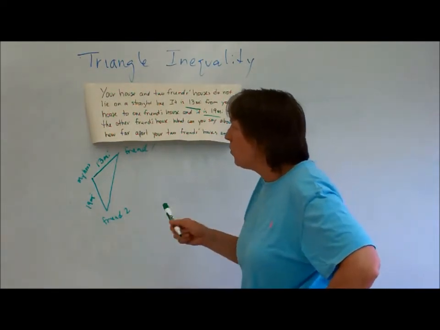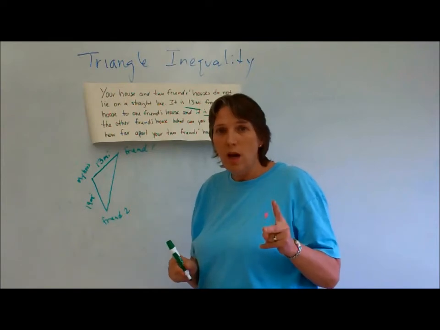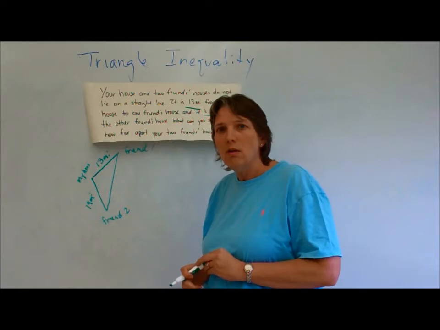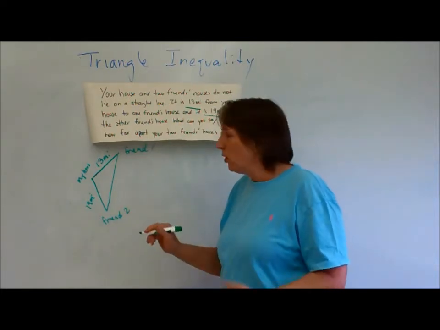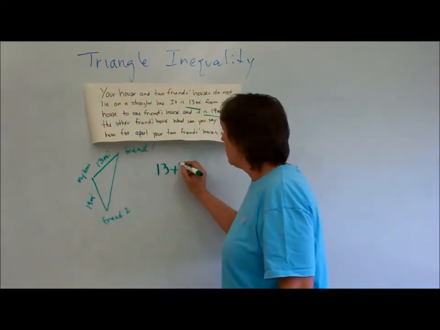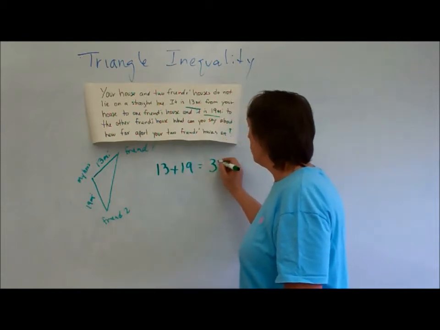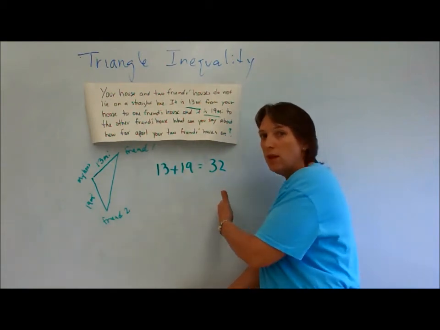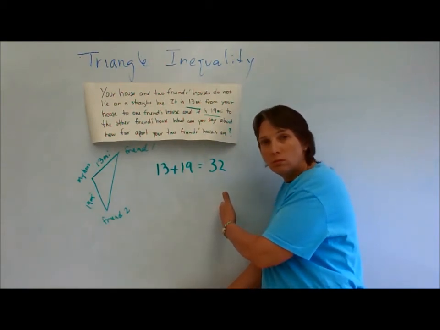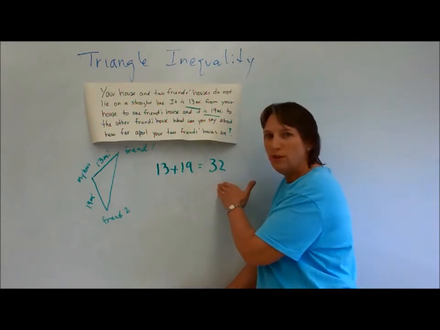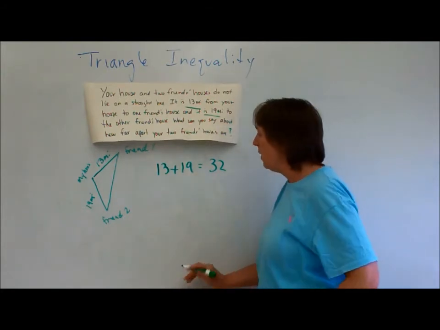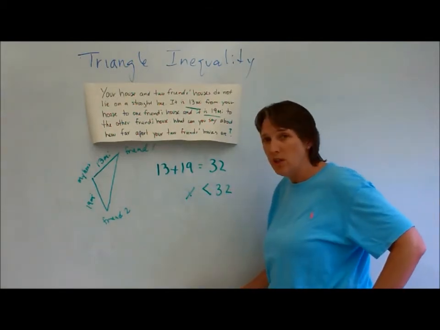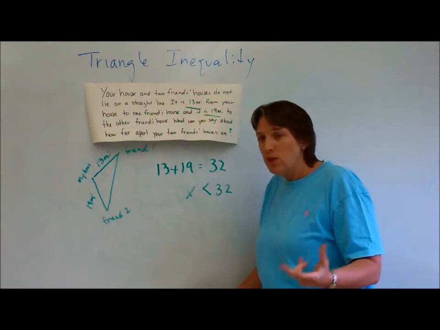The triangle inequality says the addition of two sides has to be greater than the third side. First, 13 plus 19 equals 32. Can it be 32? No, because then it would equal 32. So x has to be less than 32. That's one condition. You have to have two conditions.